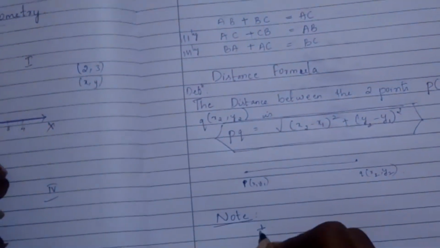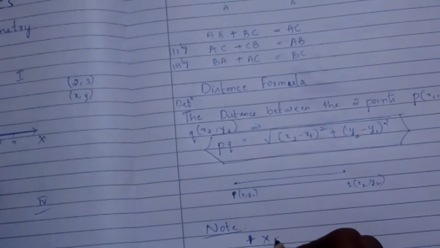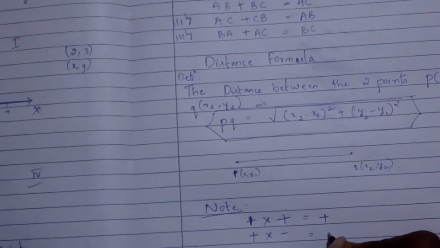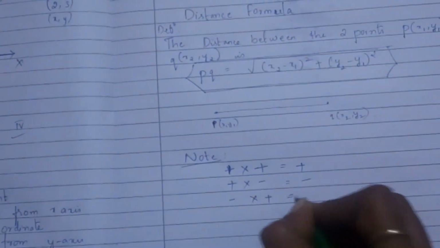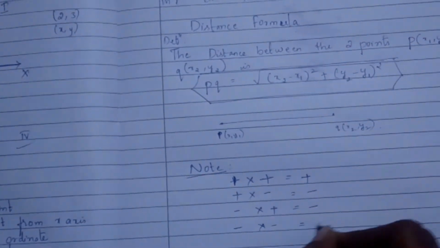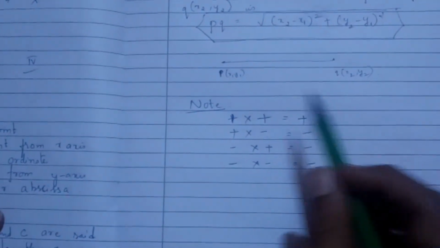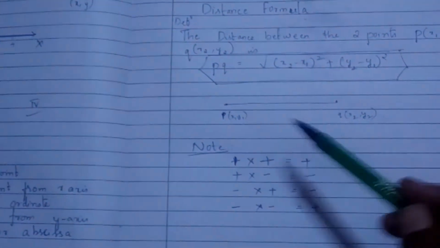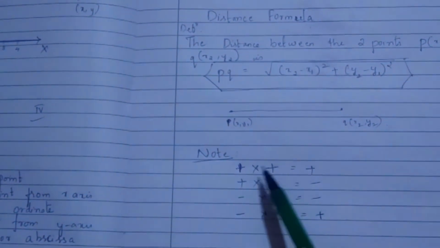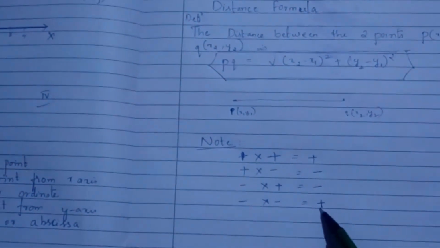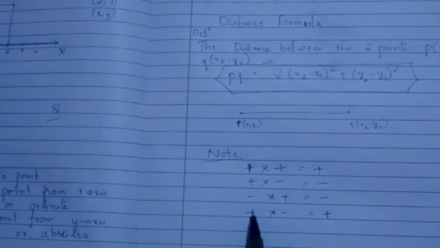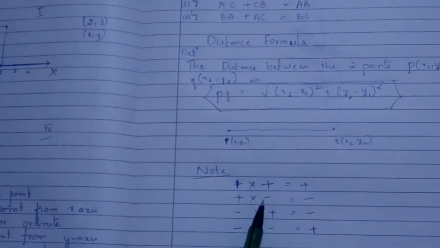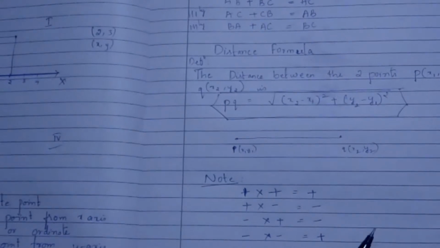Plus into plus equal to plus, plus into minus equal to minus, minus into plus equal to minus, minus into minus equal to plus. This shows that if the same signs are multiplied, we get a positive sign: plus into plus equal to plus, and minus into minus equal to plus. If we multiply different signs, that is minus into plus equal to minus, plus into minus equal to minus.